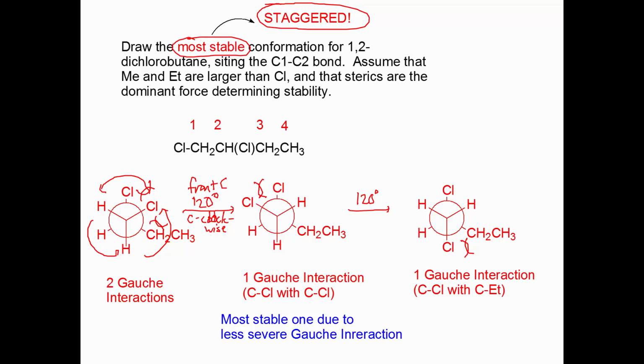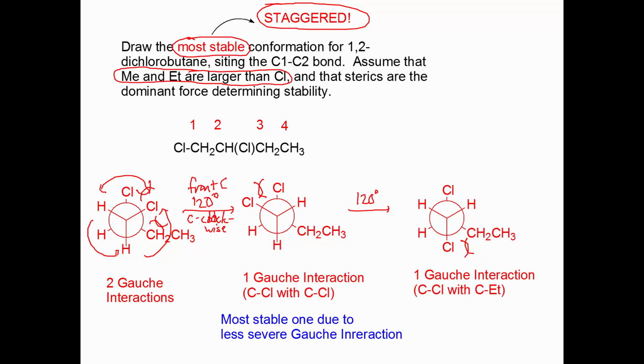All right, now here we need to think about an essential statement that was in the problem directions, okay? Methyl and ethyl are larger than chlorine. That means that the one gauche interaction we have in the compound on the right is with an ethyl group.